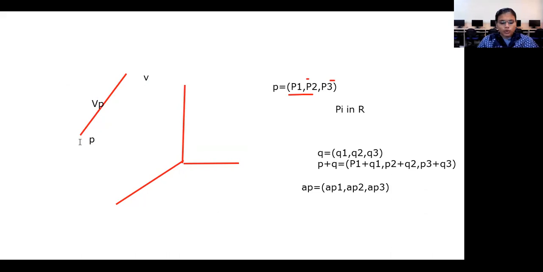Now what is a tangent vector VP? It consists of two parts, a point of application P and a vector part V.